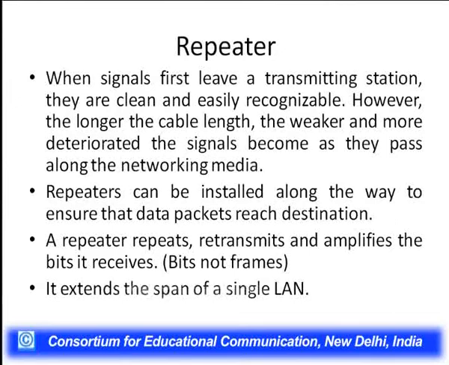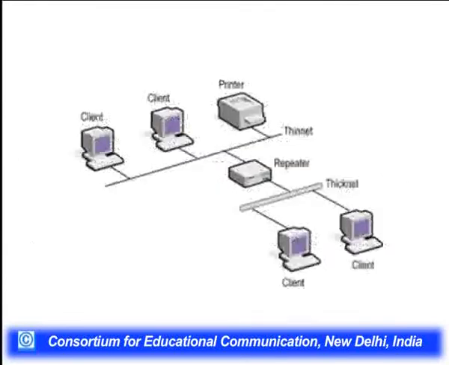A repeater repeats, transmits and amplifies the bits it receives. It extends the span of a single LAN. So basically a repeater's job is to take in the signals from one portion of the LAN and regenerate them and amplify them and forward them to the other portions of the LAN.